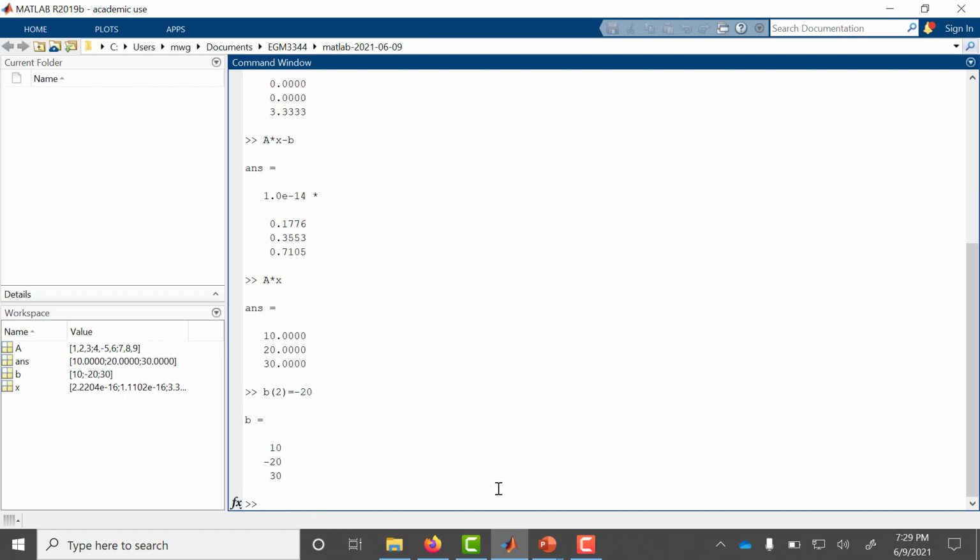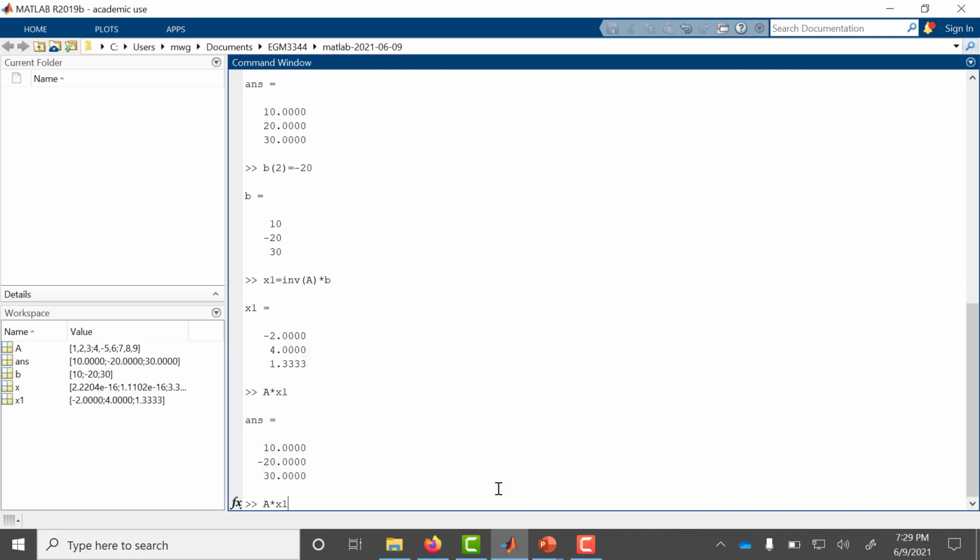And then I'm going to say, let me call it x1 equals inverse of A times my modified B. So now, yeah, I get some non-zero things in the first entry. And then if I do A times x1, yeah, I get the 10, the minus 20, and the 30.